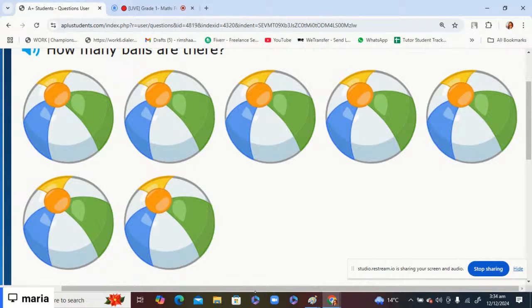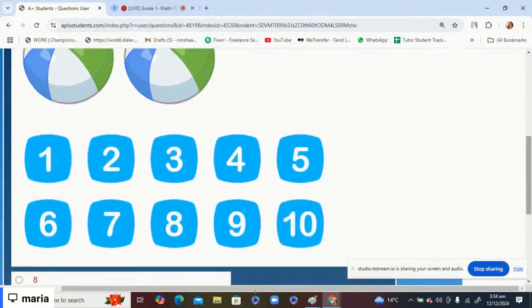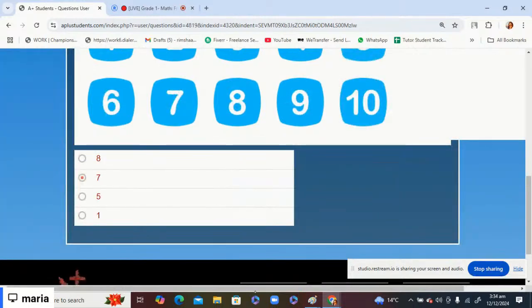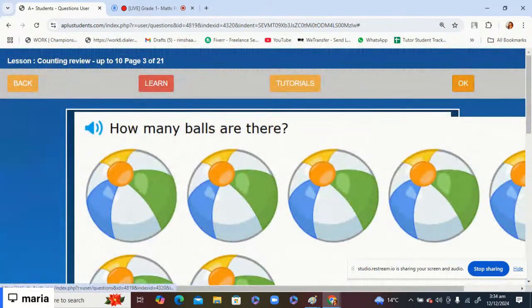It's one, 2, 3, 4, 5, 6, and 7. Okay. So the total are 7 when we count it. So here's the option B. So let's go with it.